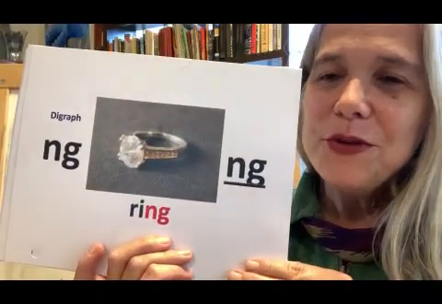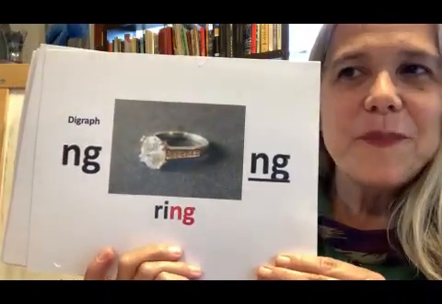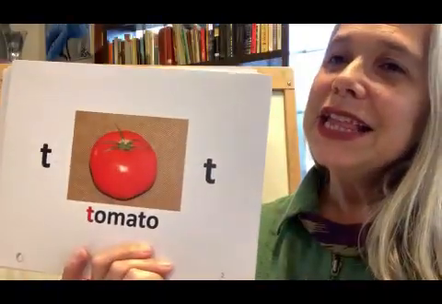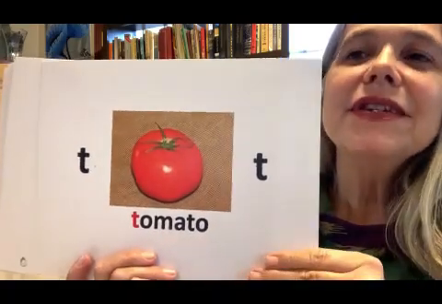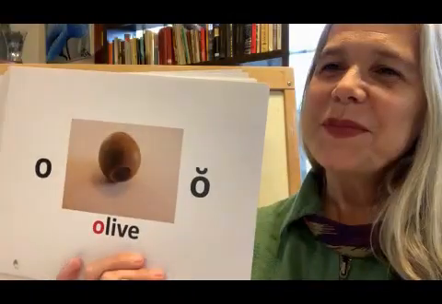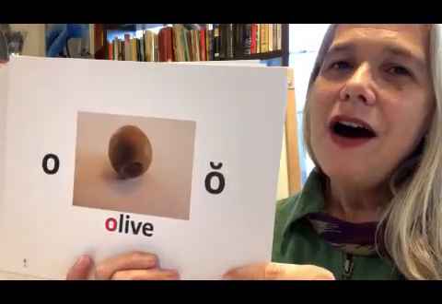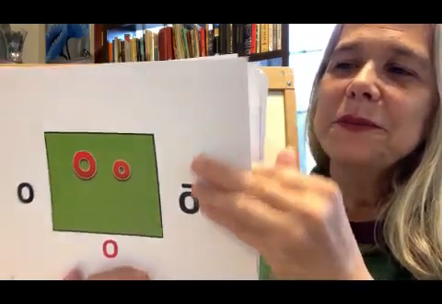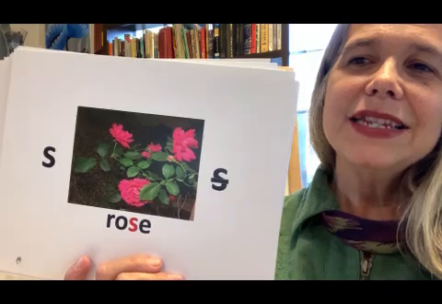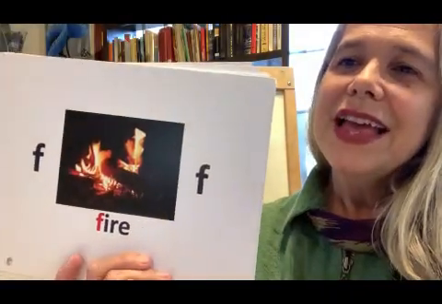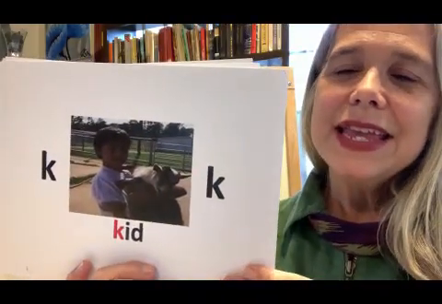We are going to review our letters and the sounds that they make. Digraph ng, ring, ng. Make sure you're saying them with me. T, tomato, t. D, dog, d. O, olive, o. O, o. S, rose, z. F, fire, f. K, kid, k.